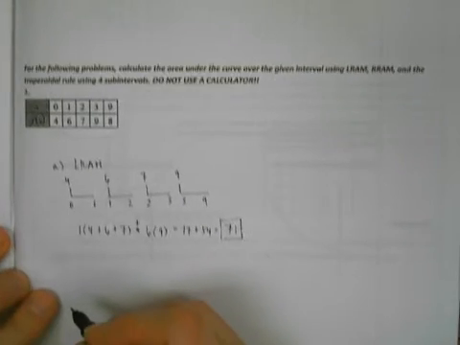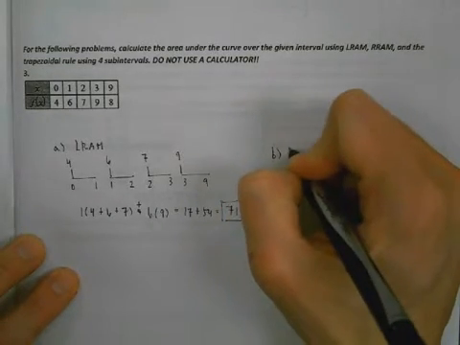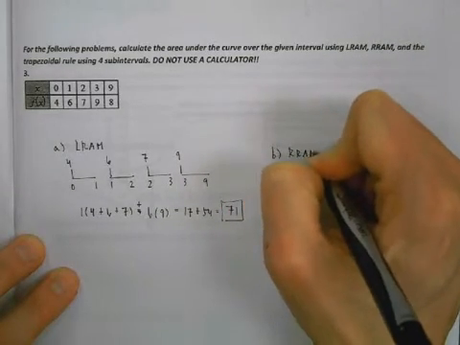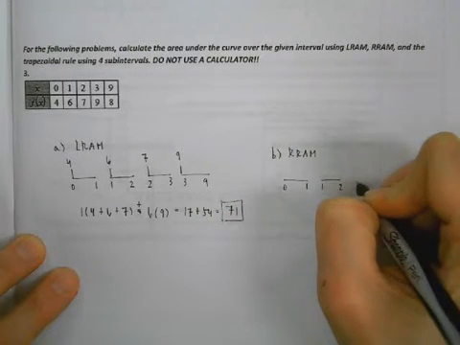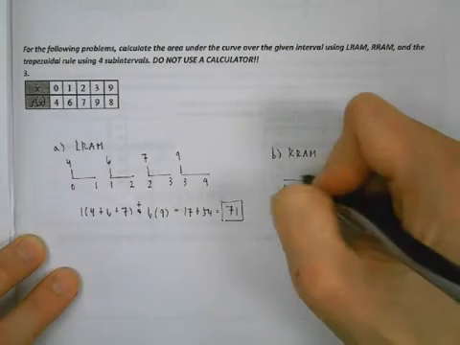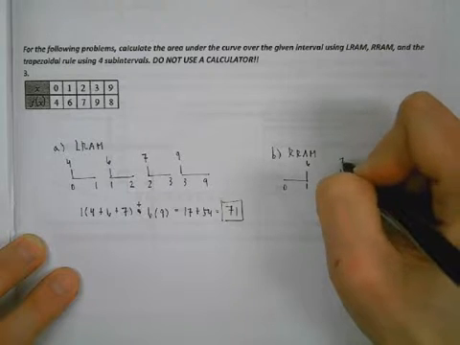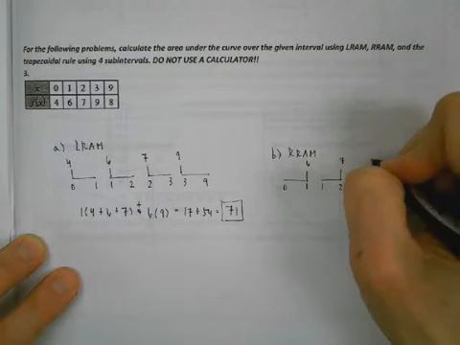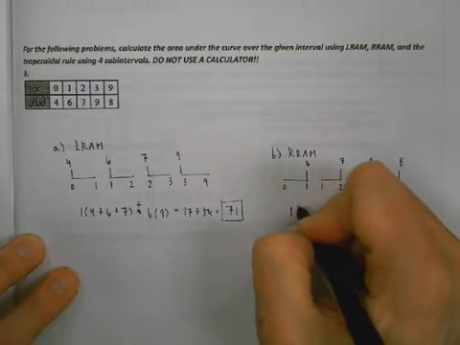Okay, so now we can go ahead. I'm going to scooch this up. I'm going to do RRAM to the side here. So same intervals, or subintervals, I should say. I'm going to take the right endpoint values. And again, I'm going to sum them up.